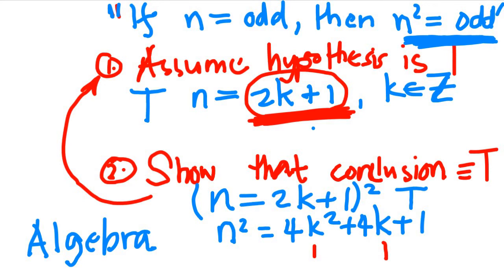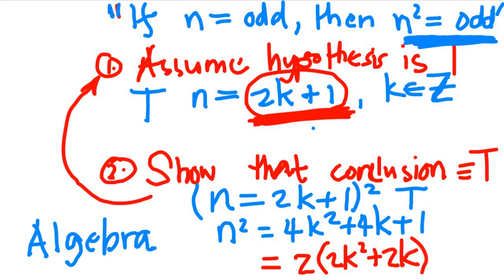And that pattern can easily be done by factoring out this 2, and you have 2 times the quantity 2k squared plus 2k, plus 1.